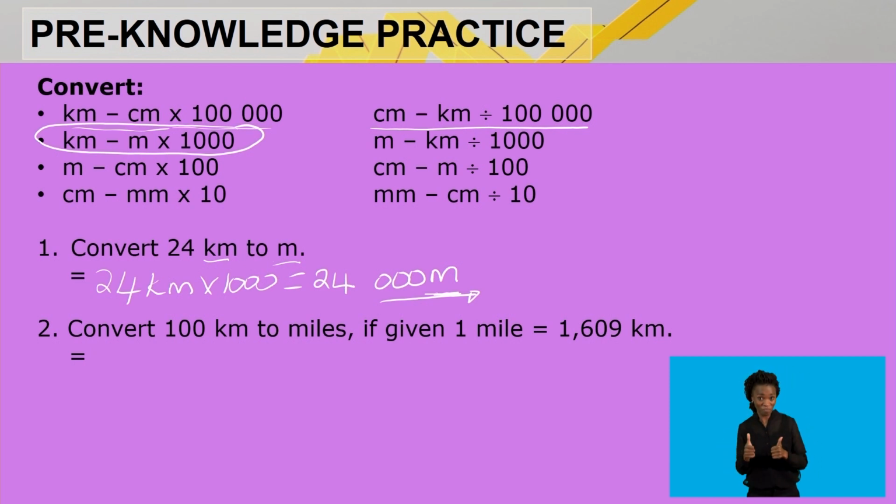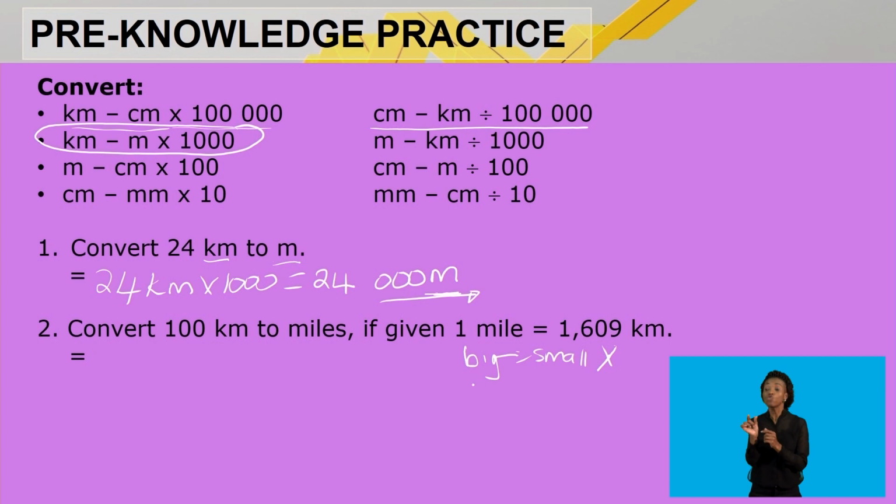Now looking at our number 2, convert 100 kilometers to miles. If you are given 1 mile is equal to 1,609 kilometers, right? If you are given a converting factor or a scale, you also need to take note that when you are moving from a bigger scale to a smaller scale, you will multiply.